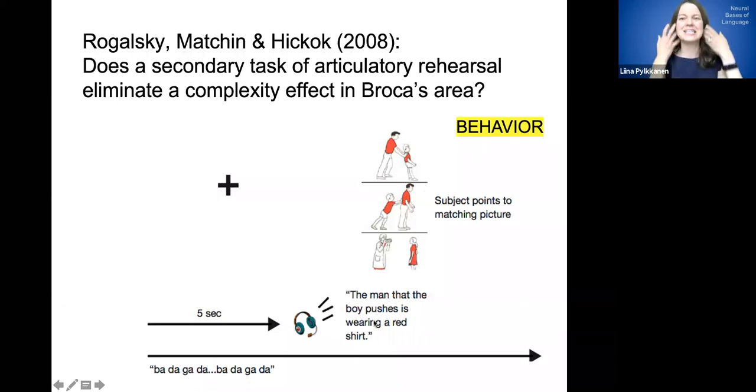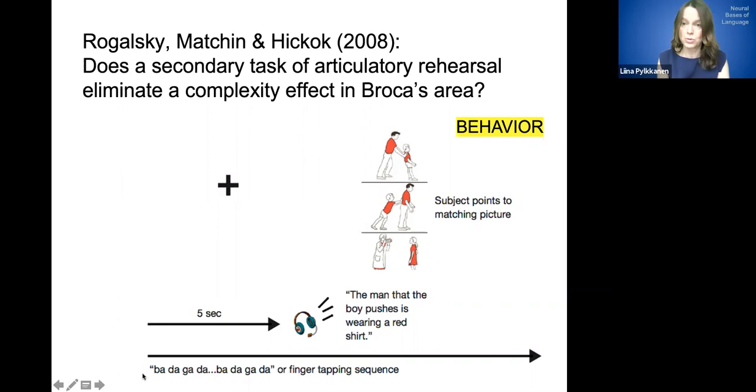And so the question then is, how badly does that secondary task mess you up? Of course, it's intuitive to think that a secondary task would always mess you up a little bit. In order to be able to say specifically that it is the production task that is messing you up, they also had a control task where you're just tapping a finger. So that's important.